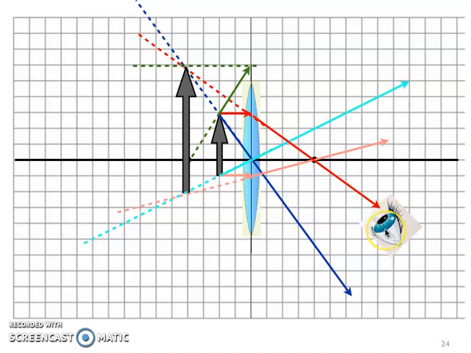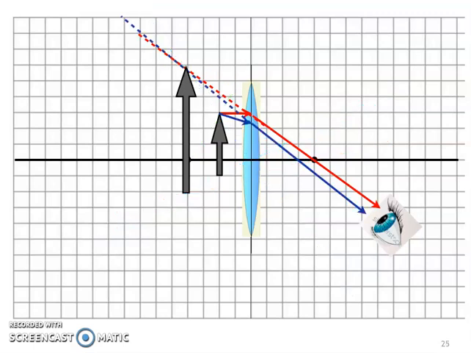So here I've drawn a person looking through the lens, and I show one of the light rays going into the person's eye. You might argue that the other light rays don't go into the eye, and so this person doesn't actually see a full image. But just as on the last slide, we drew in additional light rays once we had located the image, we can do that same thing here.